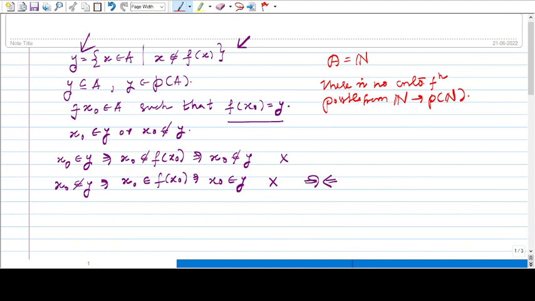That means there is no bijection between N and the power set of N, which implies the power set of N is not countable. This implies it is uncountable.